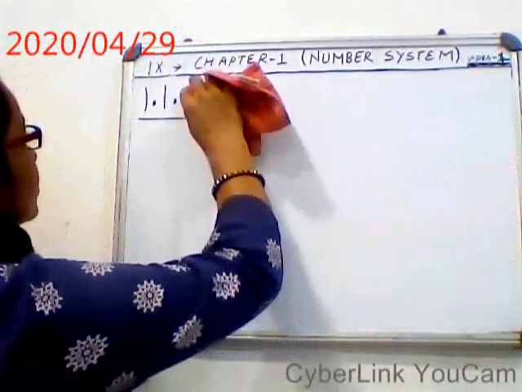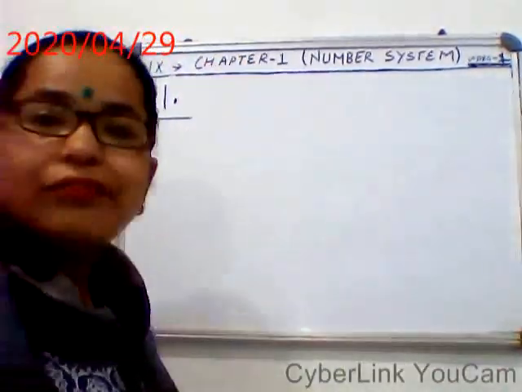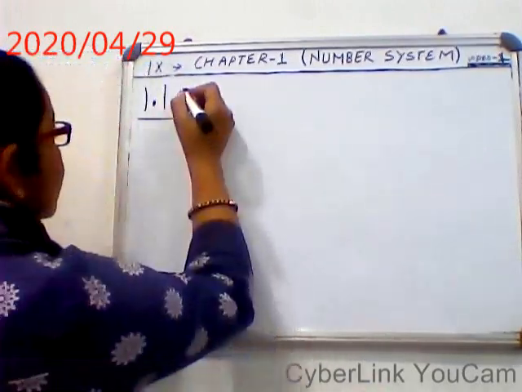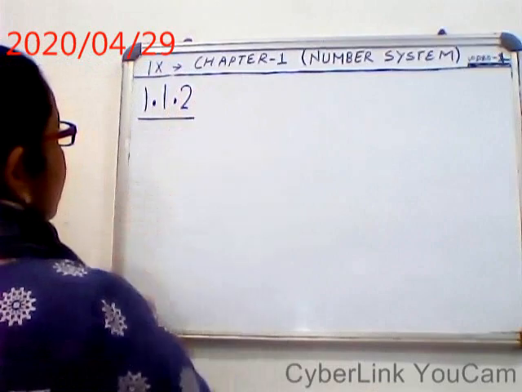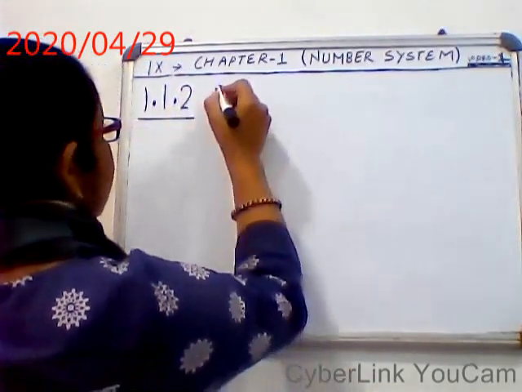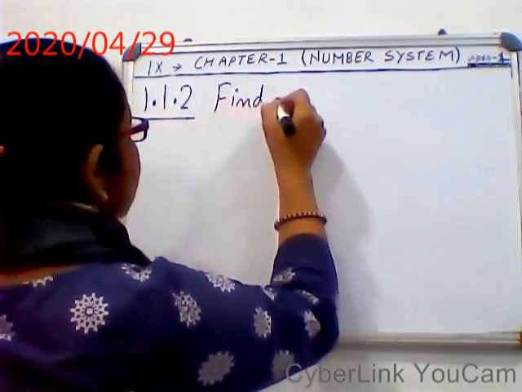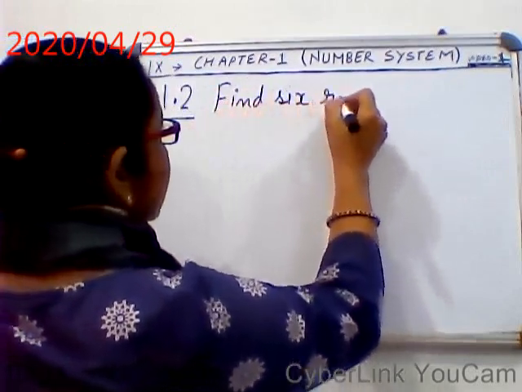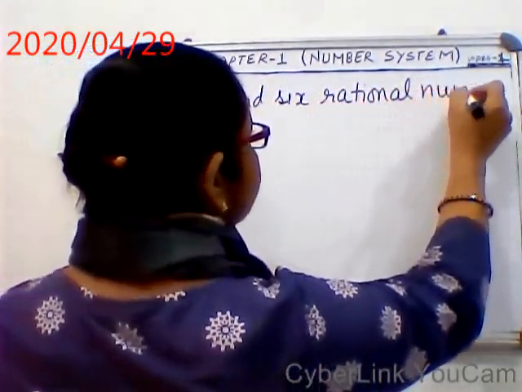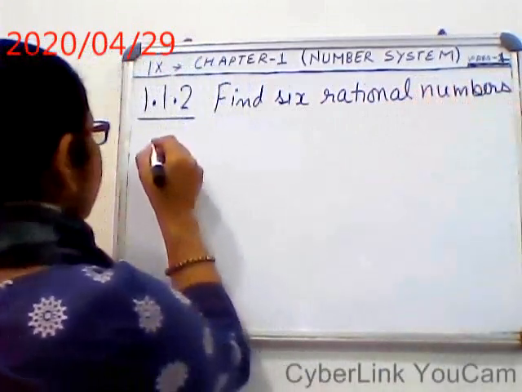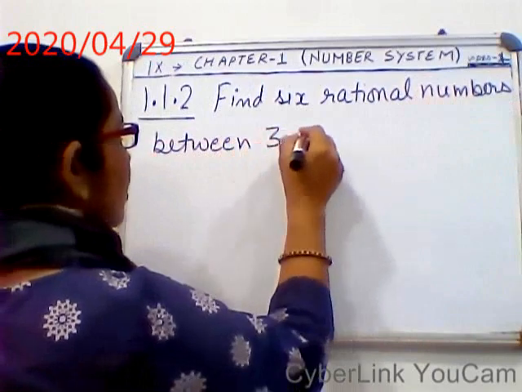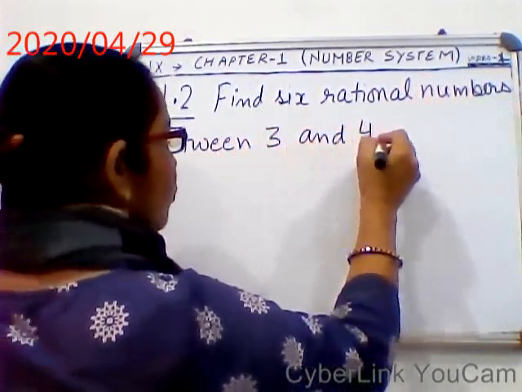The second question is a very interesting question, and after doing that question we will learn something more about rational numbers. So here every question is going to teach us something. The question is, find 6 rational numbers between 3 and 4.